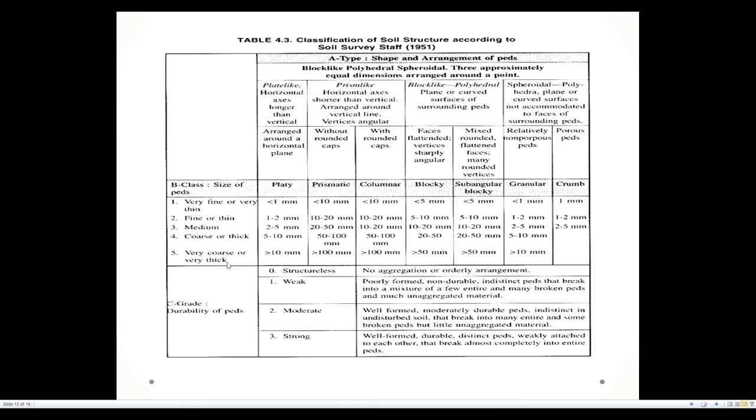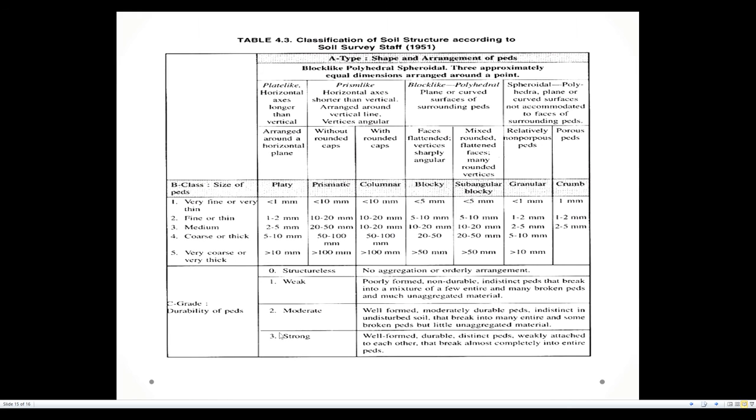Very thick or very coarse? So it is greater than 10 millimeter in platy, and for prismatic greater than 100 millimeter. This is for columnar greater than 100 millimeter. So all these are classified according to the survey done in 1951.